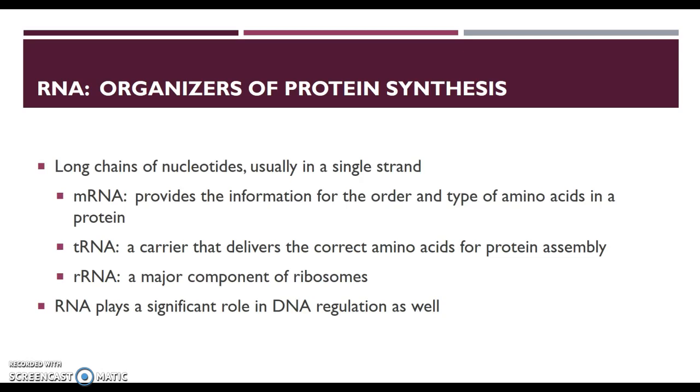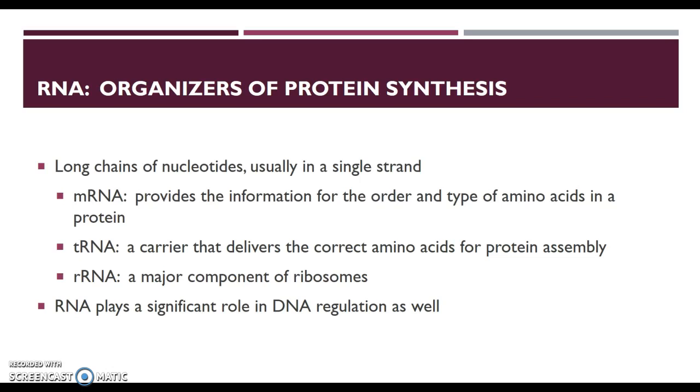tRNA, or transfer RNA, is a carrier molecule that is going to deliver the correct amino acid that matches a 3-code message, and it's going to carry that amino acid from the cytoplasm to the ribosome so that proteins can be assembled. rRNA, or ribosomal RNA, is the component of ribosomes.